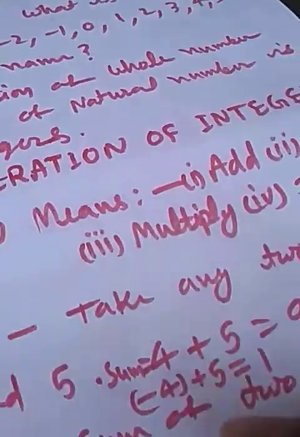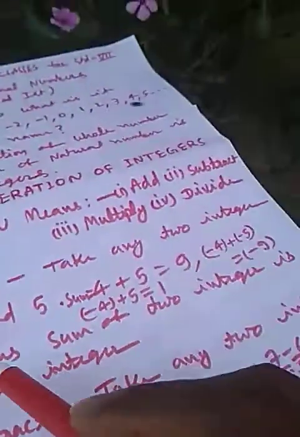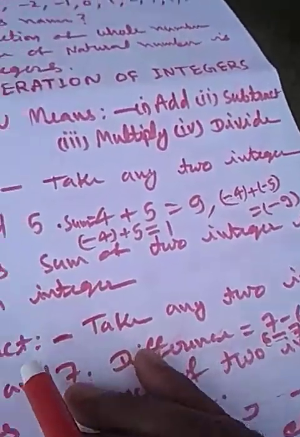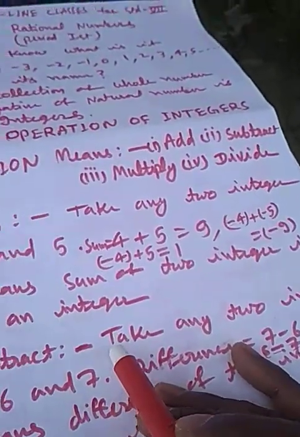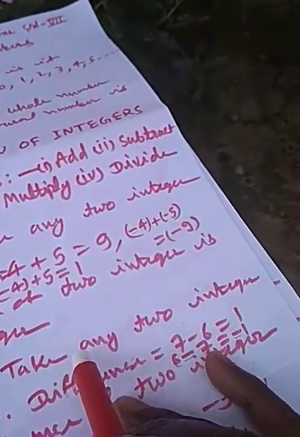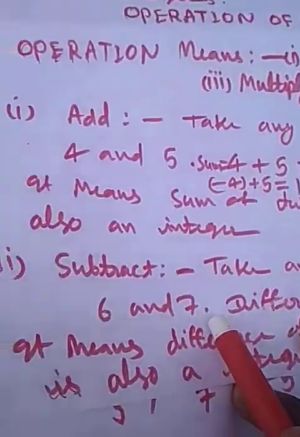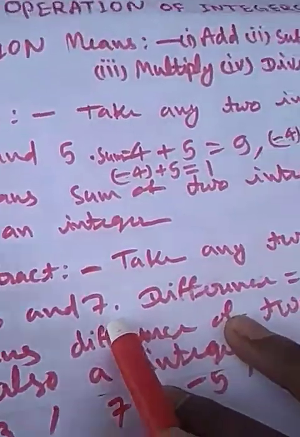Now second is subtract. In this case we shall take any 2 integers, just like 6 and 7.